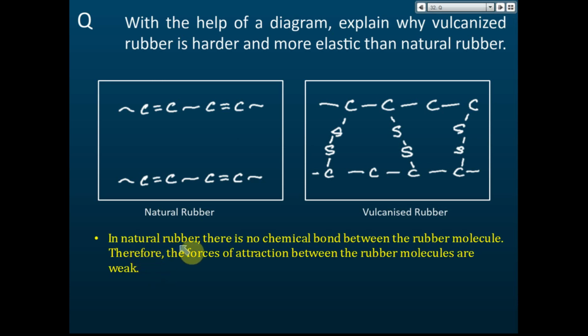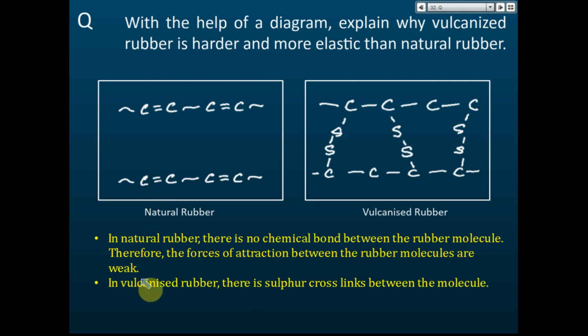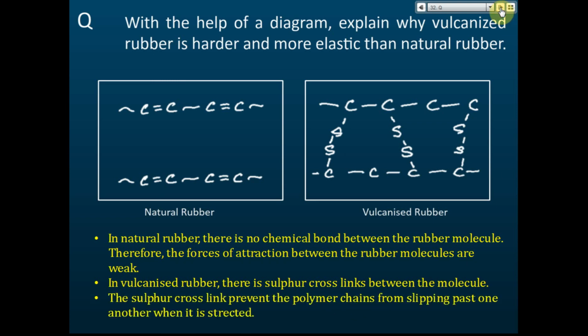In natural rubber, there is no chemical bond between the rubber molecules, therefore the forces of attraction between the rubber molecules are weak. In vulcanized rubber, there are sulfur cross-links between the molecules, and the sulfur cross-links prevent the polymer chains from slipping past one another when stretched. As a result, vulcanized rubber is harder and more elastic. So this is the explanation.